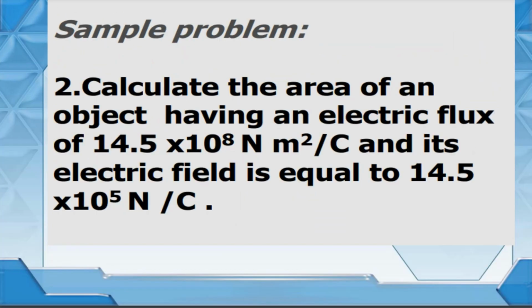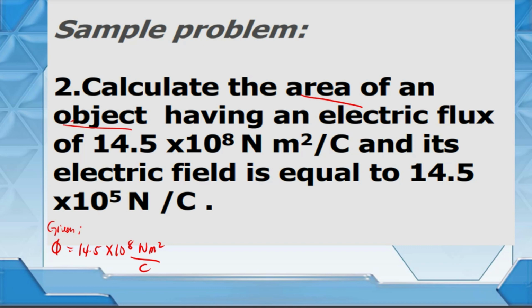Let's try to solve this sample number 2. For sample number 2, we are trying to look for the area of an object. So with this unknown, we have the following given. We have here the electric flux, which is 14.5 times 10 raised to 8 newton meters squared per coulomb.